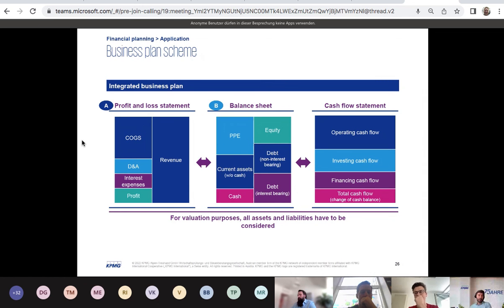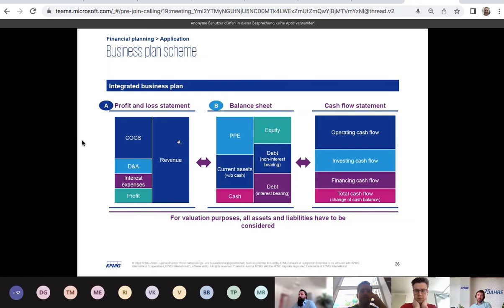So you have your investments, which will be deducted in the free cash flow, and also in the normal cash flow, the investing cash flow. It's also reflected, and of course, you have your depreciation for the property, plant, and equipment. So here again, the PPE planning affects all three statements.